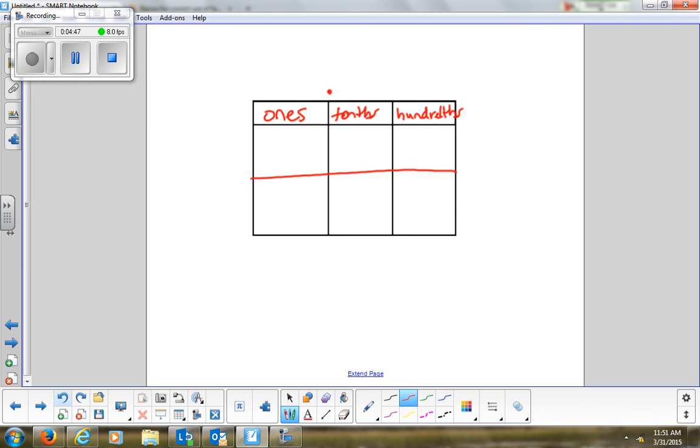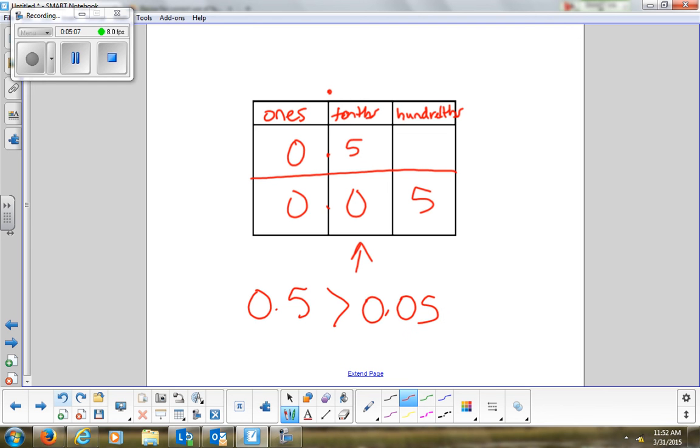Who has more money? 0.5, 0.05. Look at the tenths. Bailey, which one's bigger? 0.05. Yes, Tina.